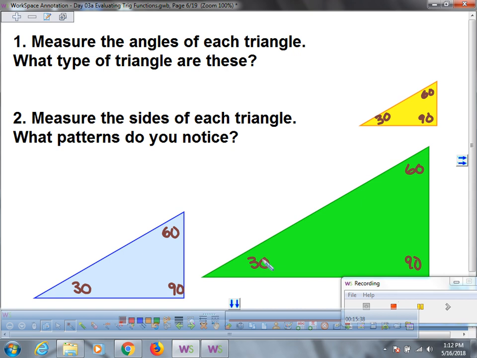Most of you are pointing to the right parts of the triangle. What's the longest side? This one. It has a special name: the hypotenuse. The 90-degree angle is always pointing at the hypotenuse.